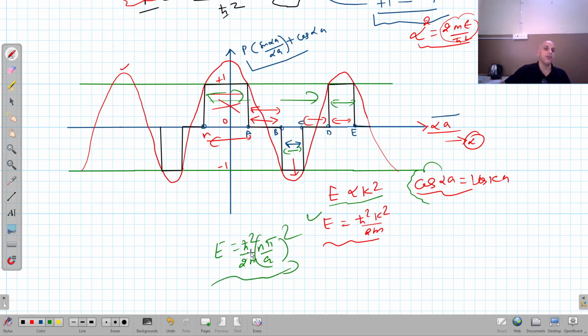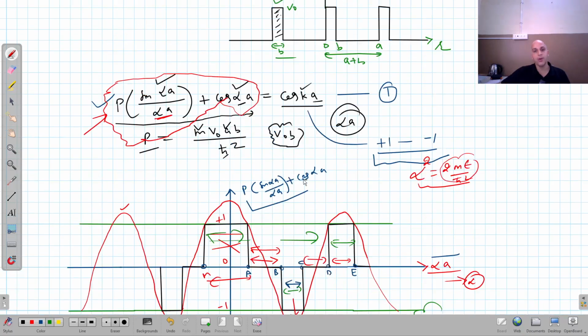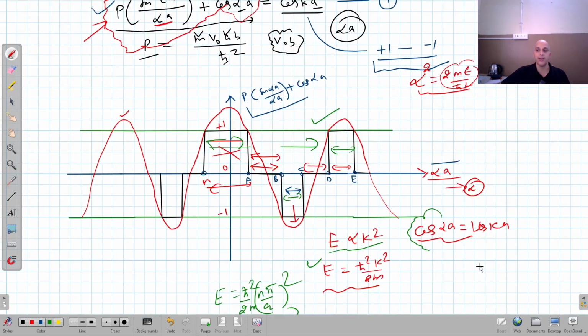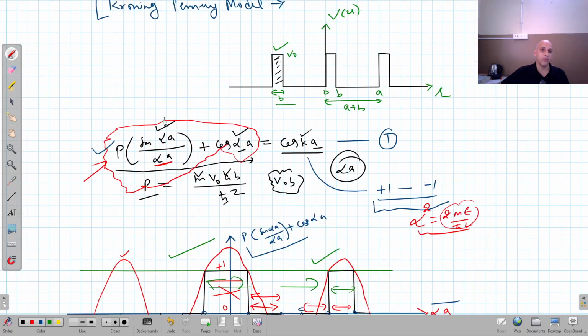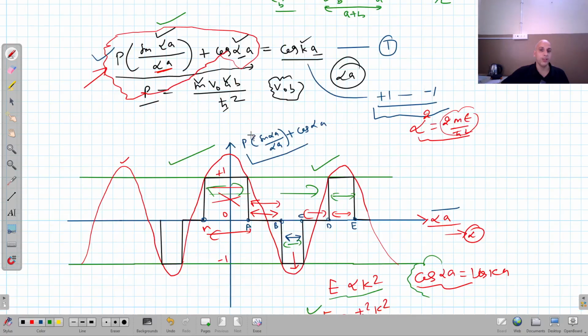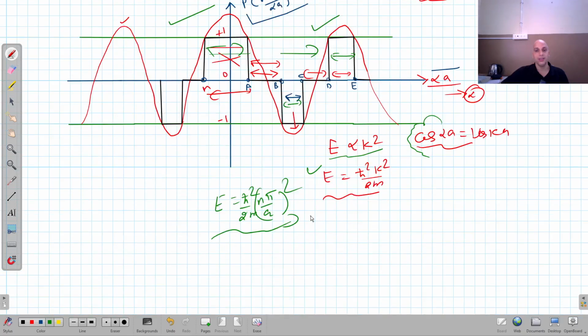So this is the result of this Kronig-Penney model. It is very, very important. This graph is very, very important, right? Because the idea that we got about semiconductors, insulators and metals, we got from this graph. This equation, and then we plot this equation versus alpha A, and then I arrived at these results, right?